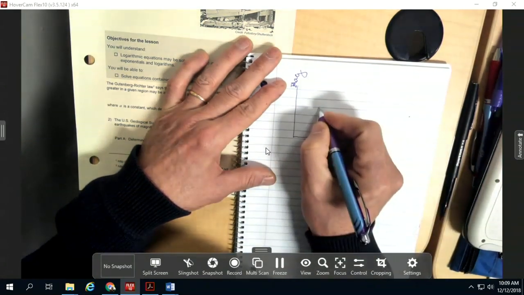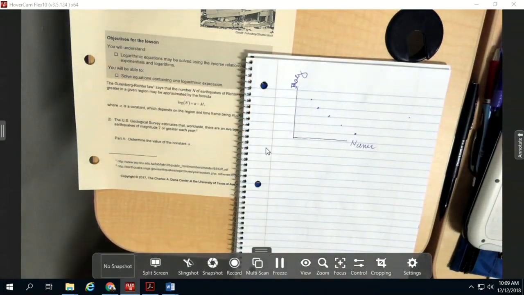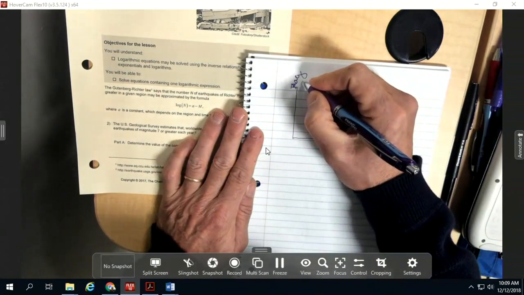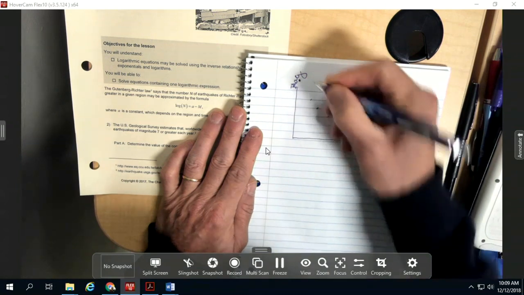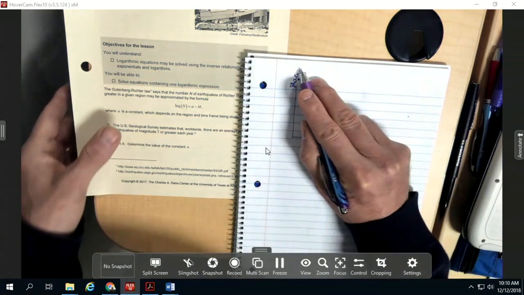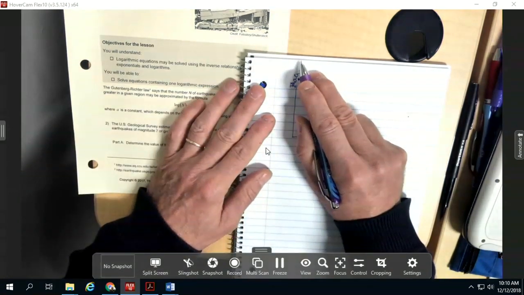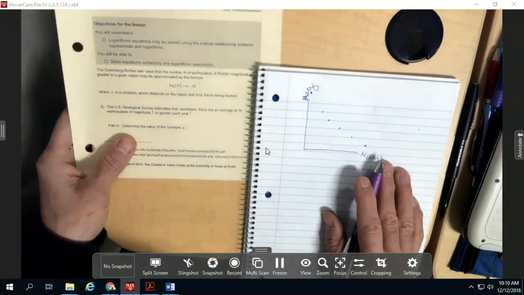Magnitude 7, not as many. Now the question is, are these going to be linear? I don't think so, because is it possible to have a magnitude 13 earthquake? Yeah, but there's probably only going to be one of them. Is it possible that there would be no earthquakes? Well, that doesn't make any sense, right? Is it possible you had a magnitude 16 or 17 or 18 earthquake? Well, it's possible, but the Earth is eventually going to fall apart if they're going to have that much.